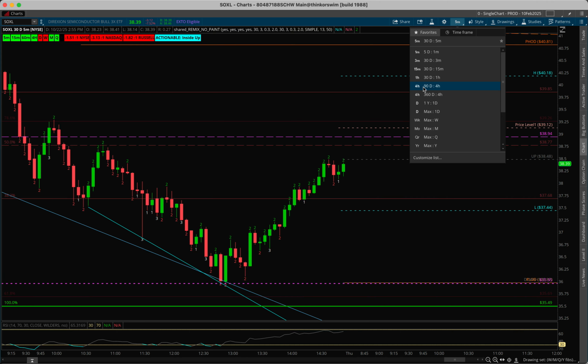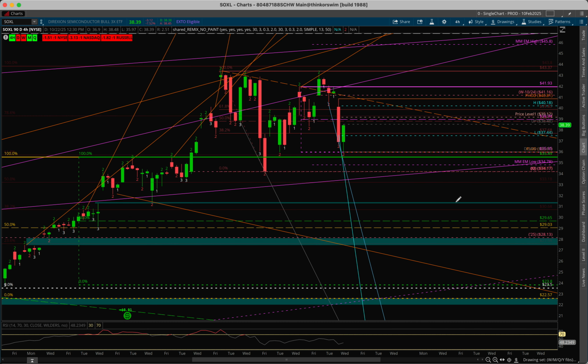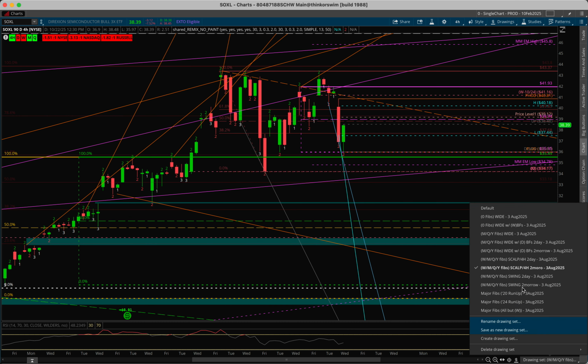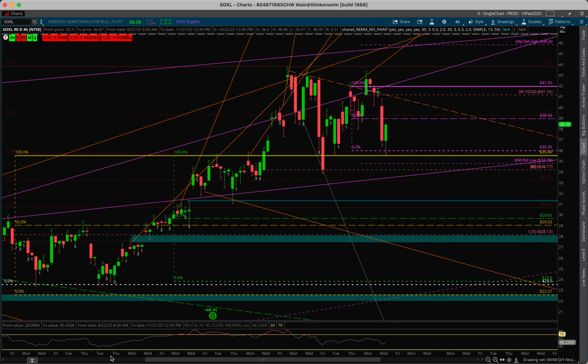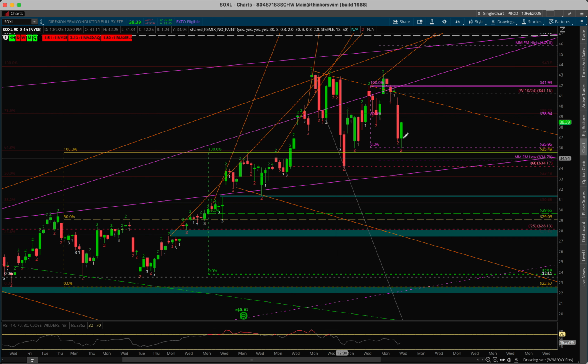Let's go ahead and look at the intraday view. We'll look at the 4-hour time frame first, and we can see that again we're starting to get that consolidation, kind of starting to form a range here between this 36 and 43 level. So we'll look to play it how we did back when we were going between 24 and 28.